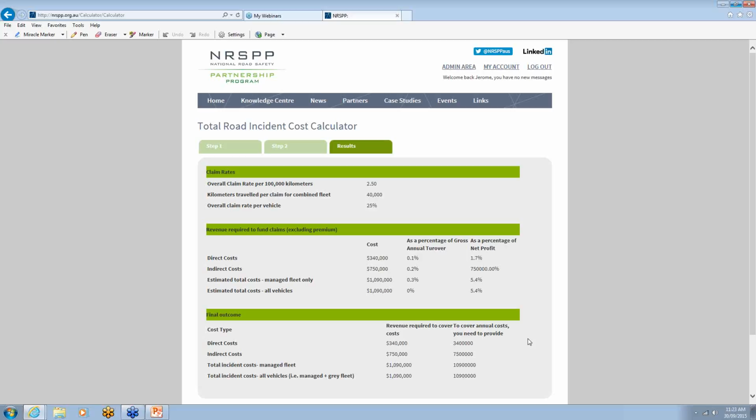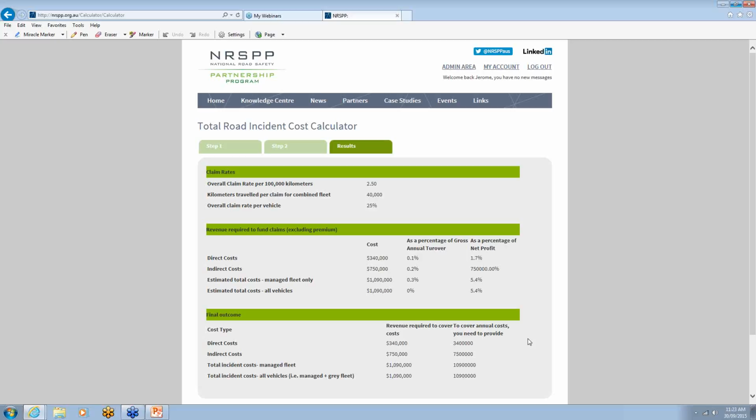So in total, you would actually have to make 10.9 million tins of pop, distribute them, sell them, just to cover your direct and indirect costs each year because of your fleet alone. That's a staggering amount of tins of pop, Jerome, isn't it? Damn. So that would come straight from my operating margins to try and just meet that cost.